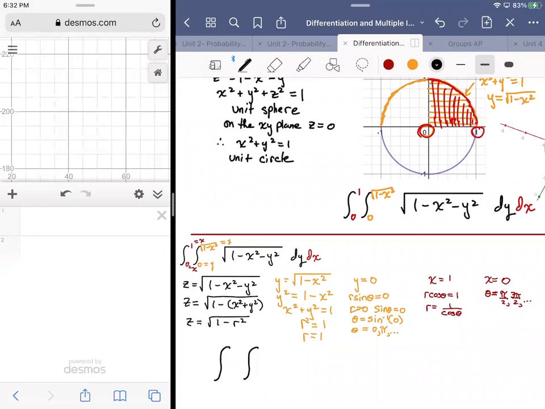It's going to be related to whatever the z function is. So in this case, it's the square root of 1 minus r squared. I'm going to paste that in. Times r d theta. That's our substitution.